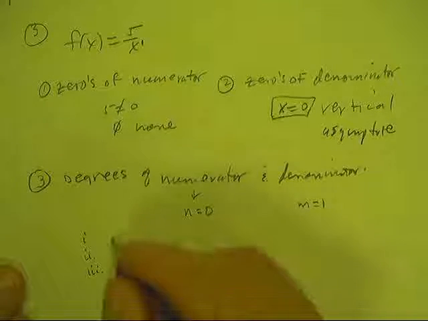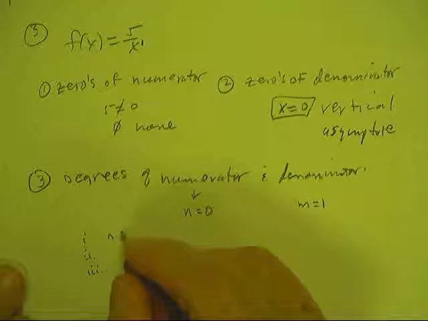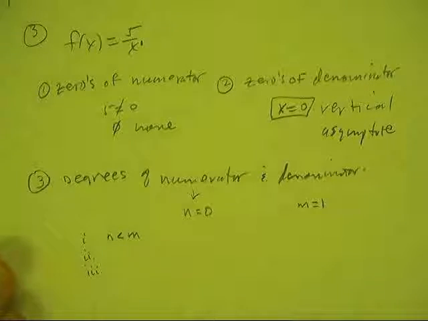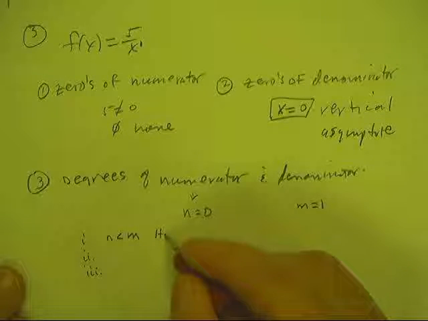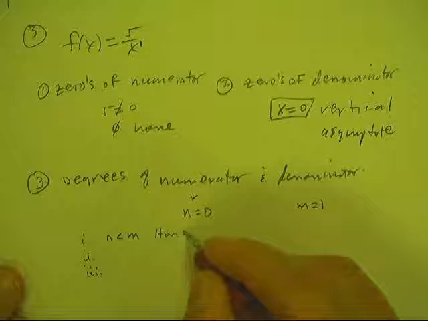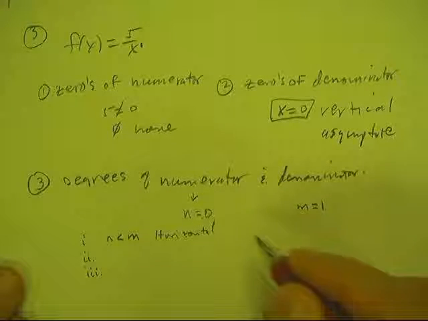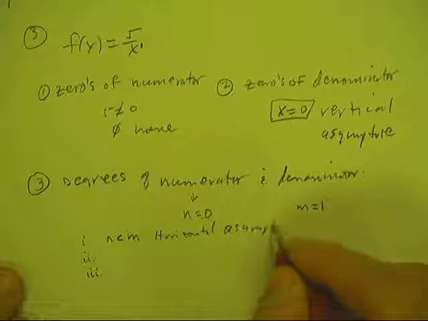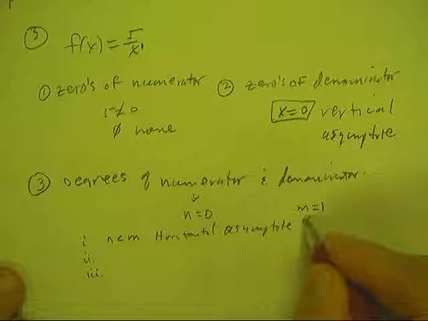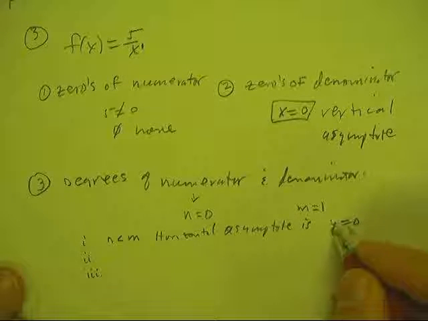One of them is that n can be smaller than m, which is the case we have here. And in that case, your horizontal asymptote is y equals 0.